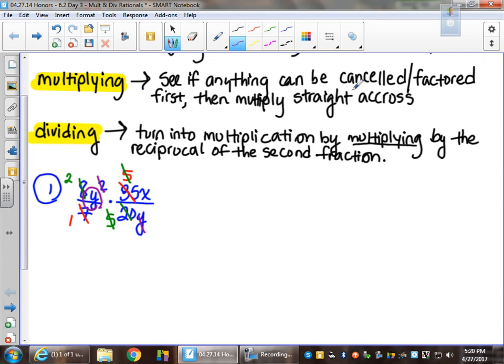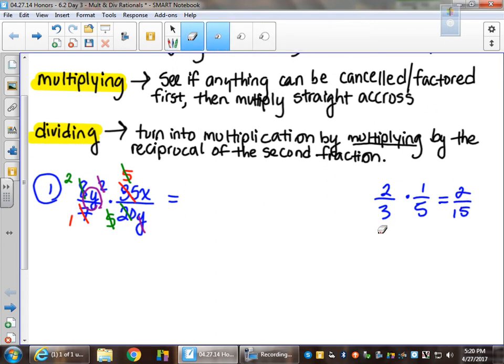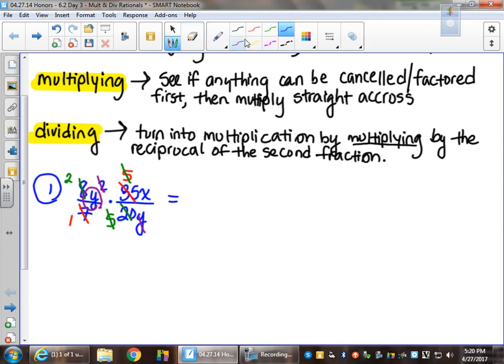We've done all we can with canceling, and so now we're going to multiply straight across, because with multiplying fractions, that's what we do. So for example, way back when, if I had asked you 2/3 times 1/5, 2 times 1 is 2, 3 times 5 is 15. So just like you would multiply fractions way back when, same property applies. Just multiply straight across.